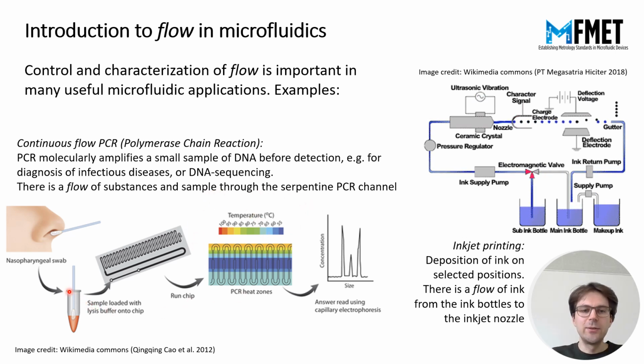But as this small DNA sample and some substances goes through this system, there will be billions of copies made of selected DNA segments. So you can start with a very, very small DNA sample, and then you can end up with an amplified sample that is much, much greater and great enough to be used for some detection method, for example, capillary electrophoresis.